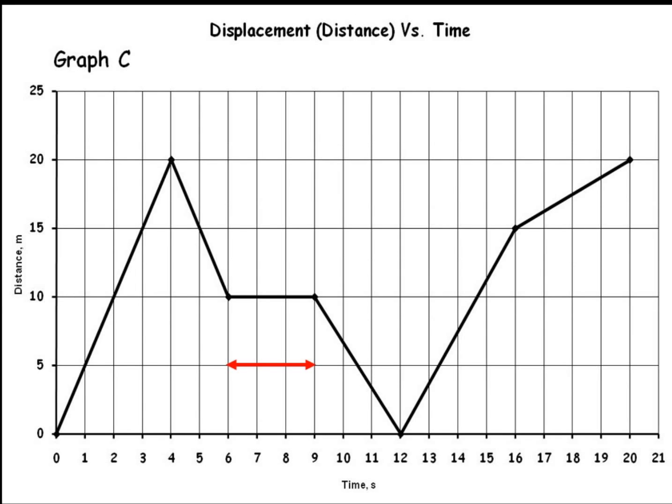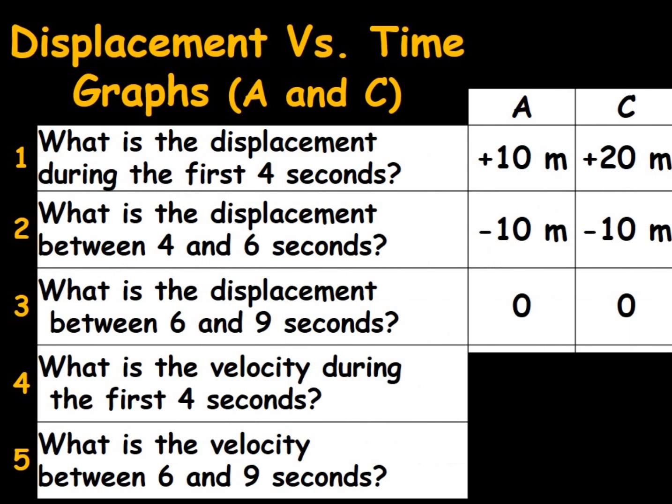True for graph C. There's no displacement. So there's only one answer. They're standing still. Remember, the slanted lines, if you look at the slope, they're the velocities. So here we see that both answers are 0, meaning 0 displacement, meaning that the individual or the vehicle involved was not moving.